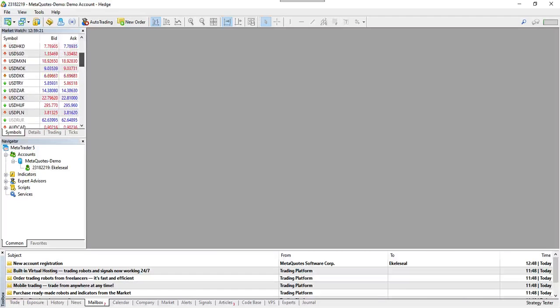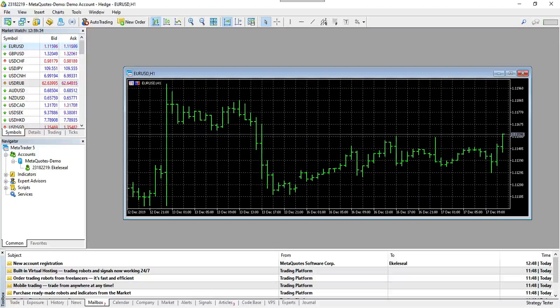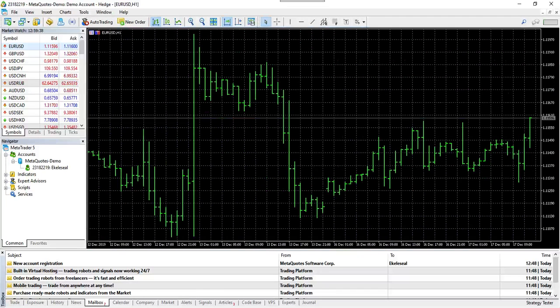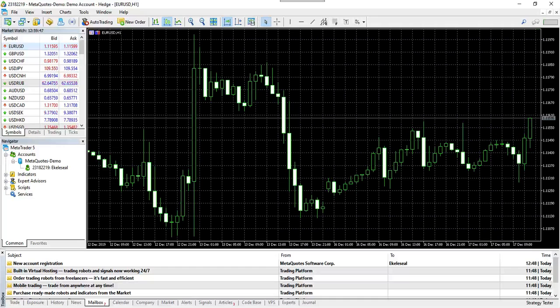All these things here are called pairs, currency pairs. You can see they're all two. But let's use EUR/USD for example. This is how it appears. You can widen it. These things here are called candlesticks. We can change it to suit whatever we want.